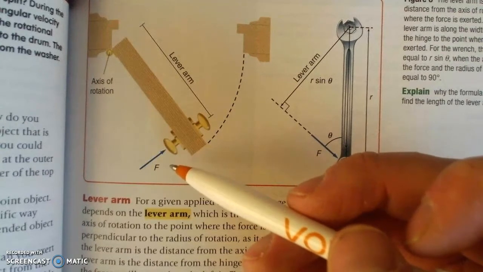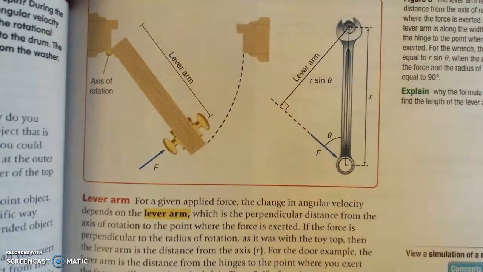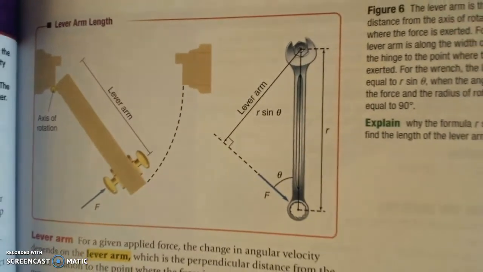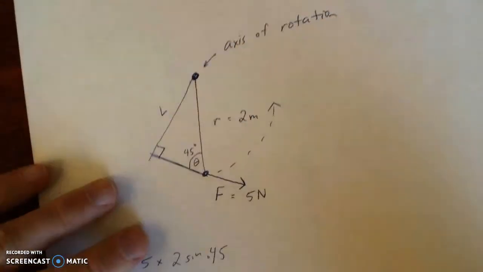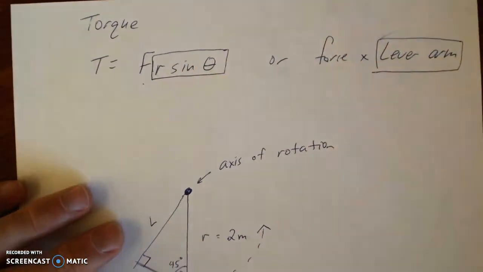I would just multiply those two things together, 2 meters times 3 newtons, and we would then have the torque that's being applied to cause an angular displacement. But a lot of times the direction of that force is not perpendicular, and that's why we have to deal with this r sine of theta term.